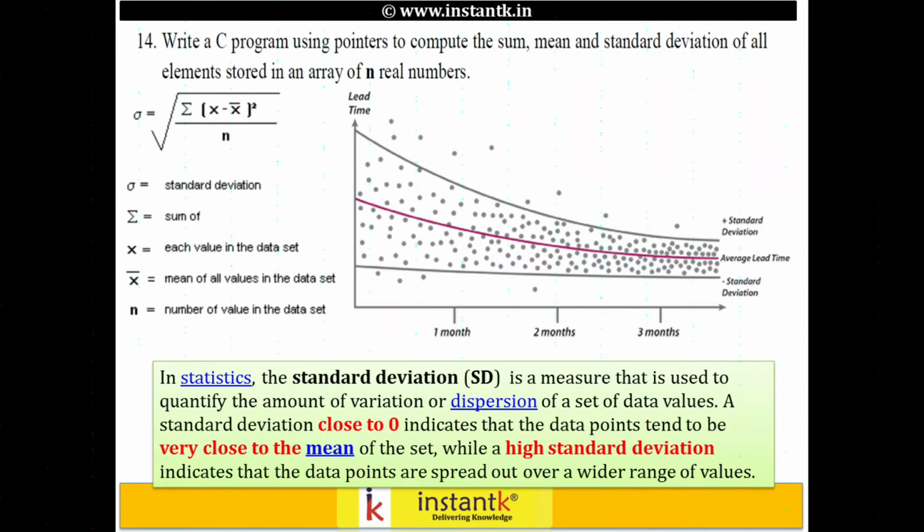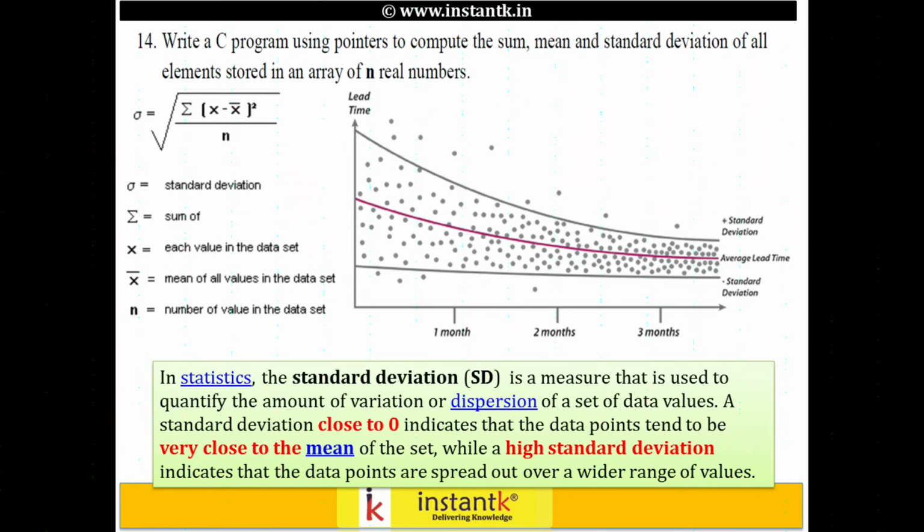You would have studied this in maths and in second PU, but let me just summarize it as part of the problem statement. What they are asking us is to compute the sum, mean and standard deviation of the elements. So what is the standard deviation?